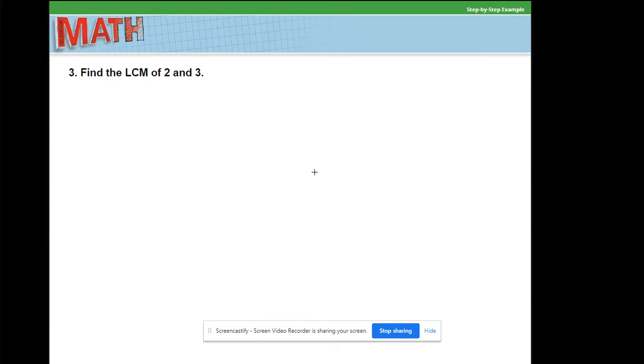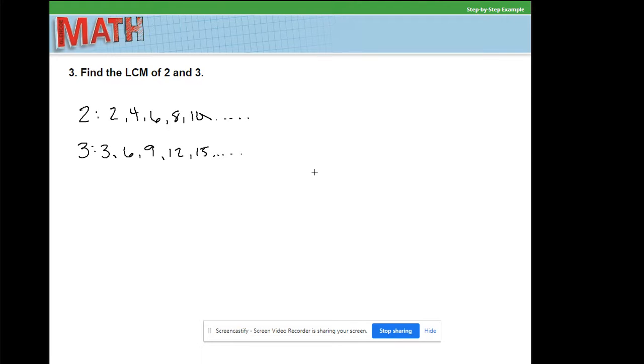So for 2: 2, 4, 6, 8, 10, and so on. For 3: 3, 6, 9, 12, 15, and so on. Just like your multiplication facts, these are the multiples of each number.